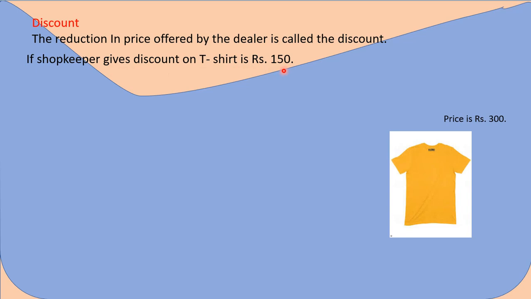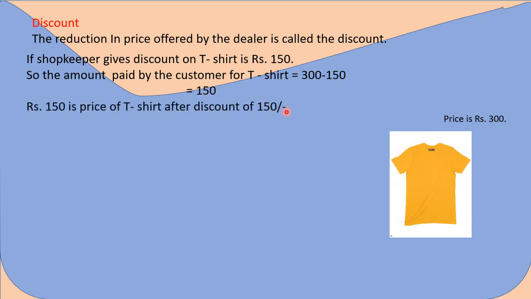So if you want to purchase this t-shirt, how much money do you have to give the shopkeeper? The price on the t-shirt is 300 and the discount is minus 150. So 300 minus 150 is equal to 150. So you can purchase this t-shirt for rupees 150 after the discount of rupees 150.